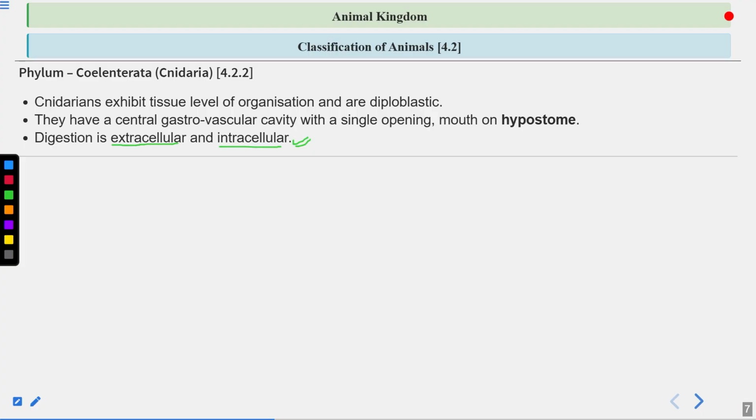Extracellular digestion means the enzymes are released onto the organisms, some digestion occurs, and then they engulf it. So this digestion occurs outside the cell. But sometimes they engulf the organism or food particle and digest it inside their cells, intracellular, right?